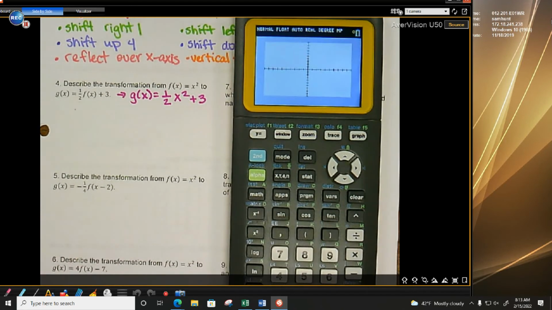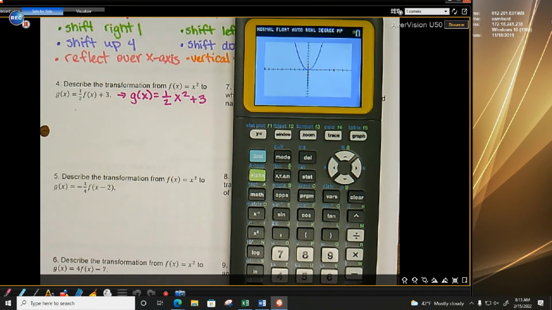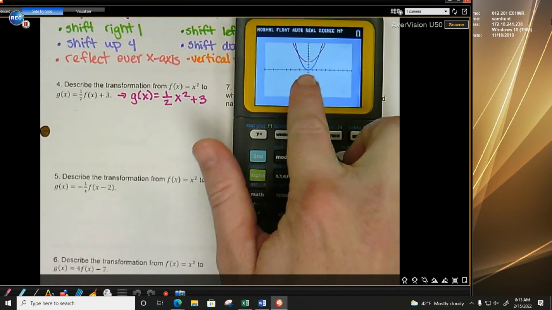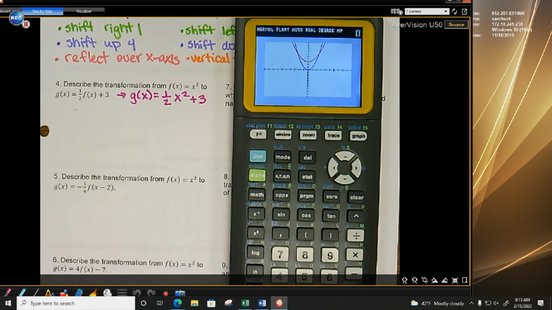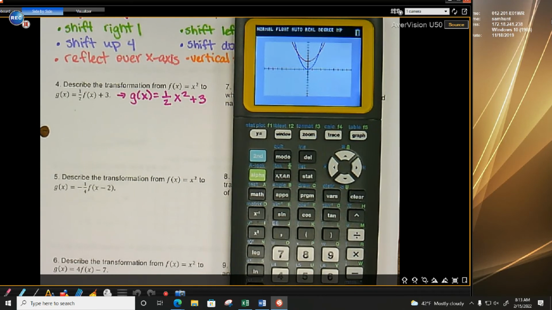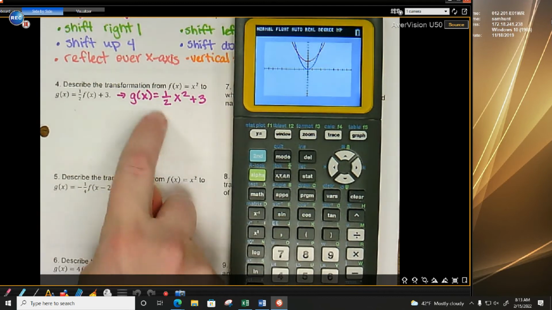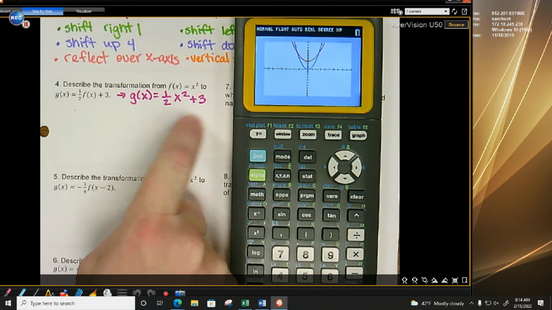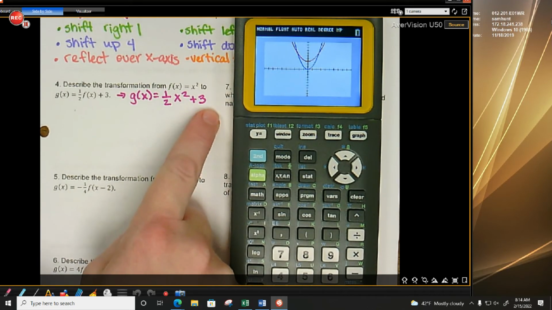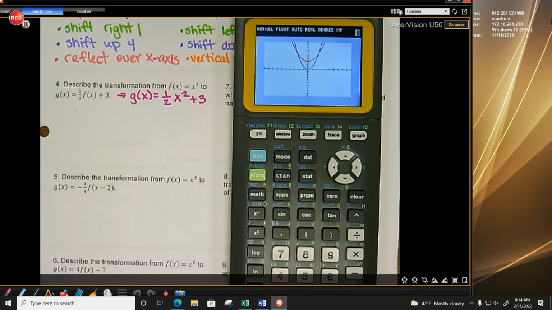So what do I notice from my blue to my red? Shift up. How much am I shifting up? Look at your equation right here. 3. You're shifting up 3.